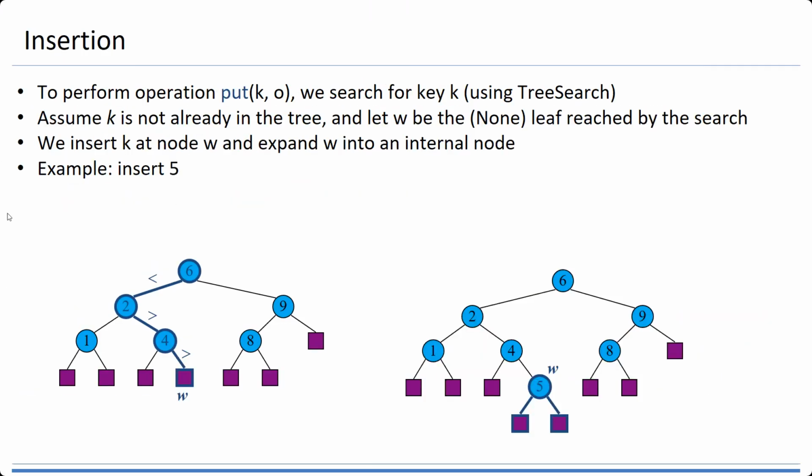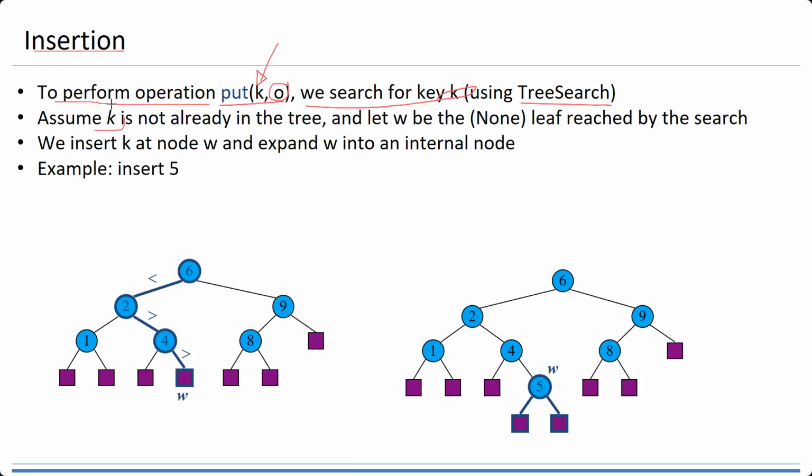How if we want to insert a value? To perform the operation put(k, o), we want to put the key k of an object o. So we need to search for the key k. First, we will search using the tree search.